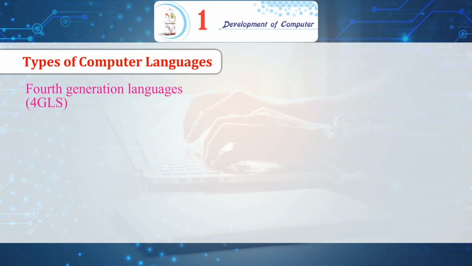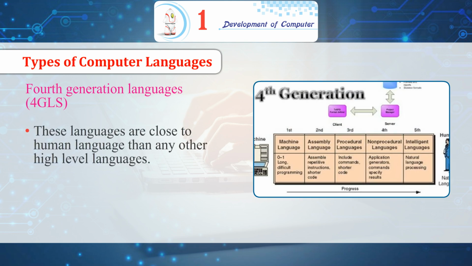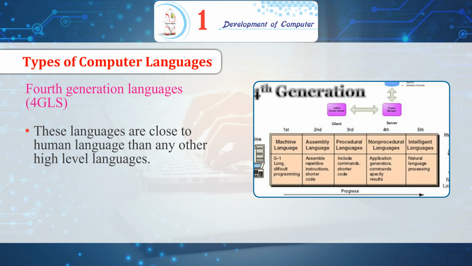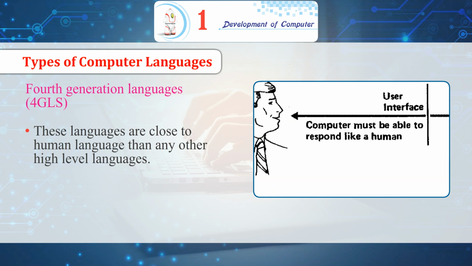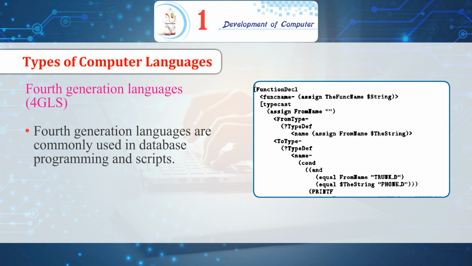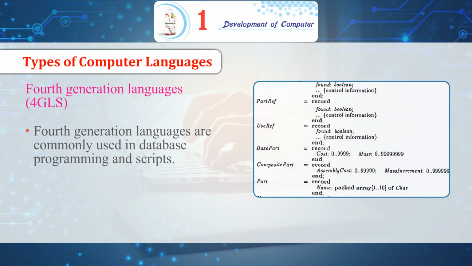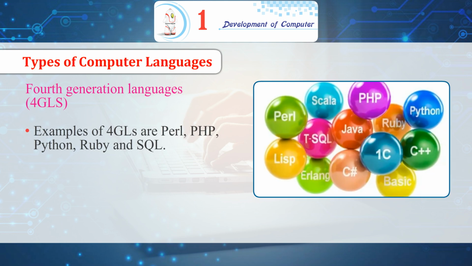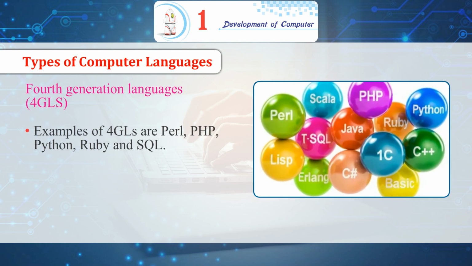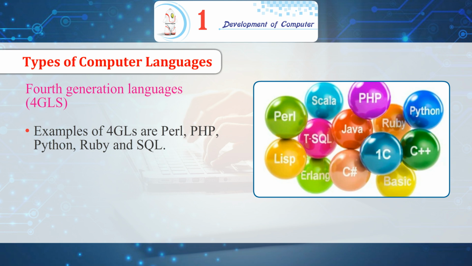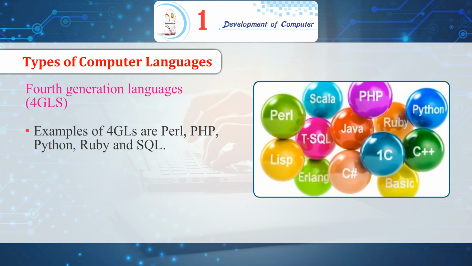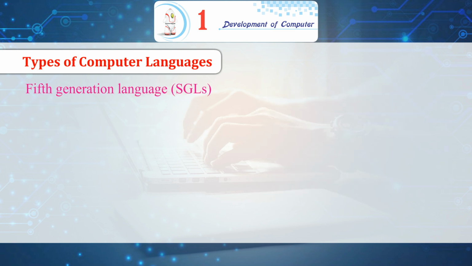Fourth-generation languages, 4GLs. These languages are closer to human language than any other high-level languages. Fourth-generation languages are commonly used in database programming and scripts. Examples of 4GLs are Perl, PHP, Python, Ruby, and SQL.